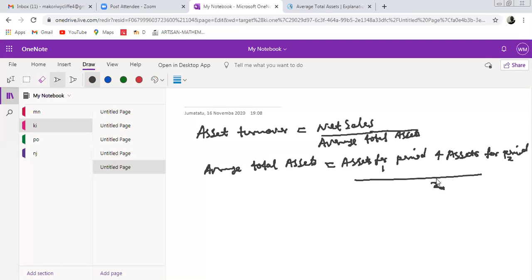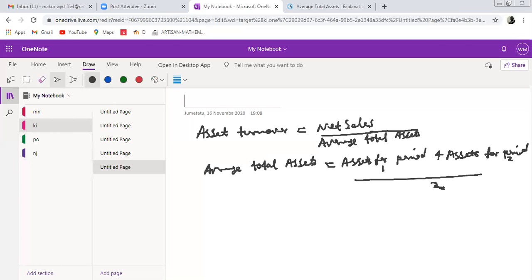If we go to our initial question, which was the 2019 November question of Karonga Limited, there was a question asking about the average total assets.